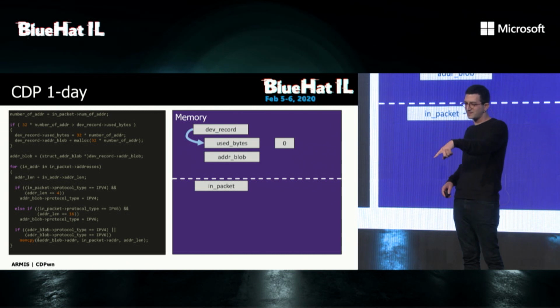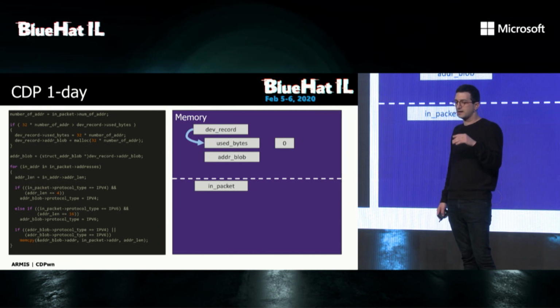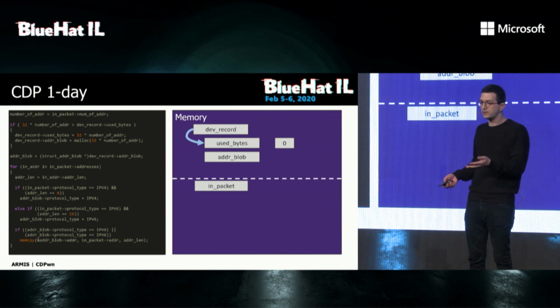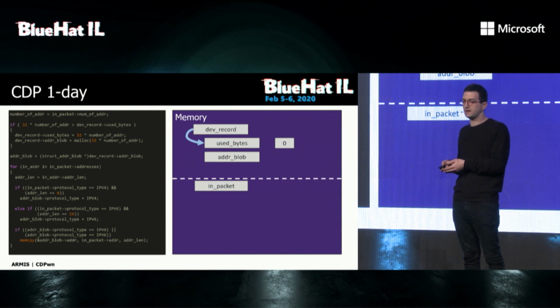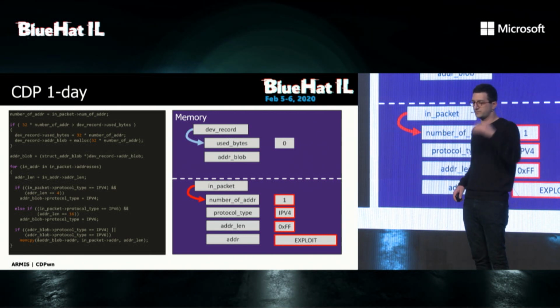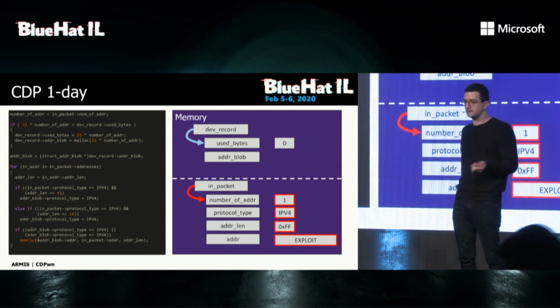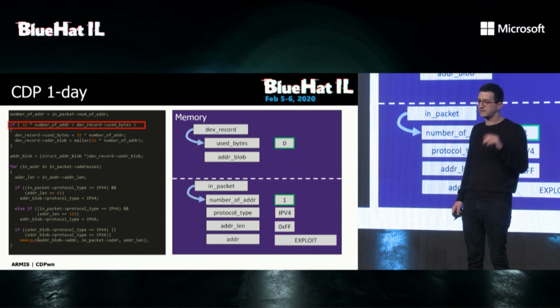There is, as you might notice, an interesting memcpy at the end of the function that looks like it might be copying an address based on this large address length. So let's see if we just send a packet with a large address, whether it will cause an overflow. There is a device record.